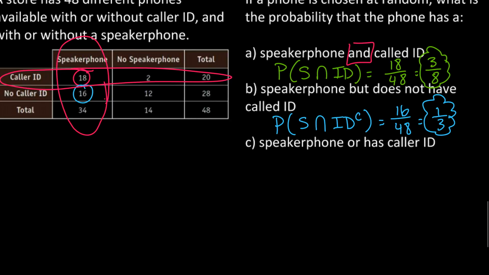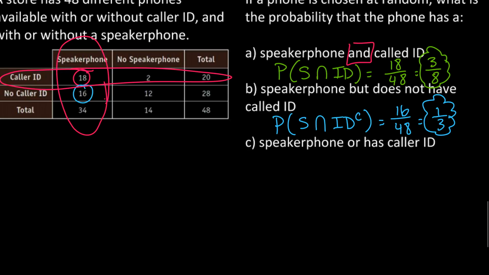What would you think is my probability of a speakerphone or caller ID? We've got some bright thinkers in here. Why 36? Because this is already told for speakerphone and caller ID, or no speakerphone caller ID, and just added to the 6. Right.